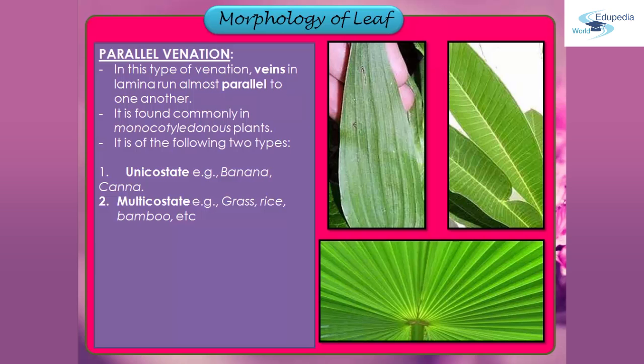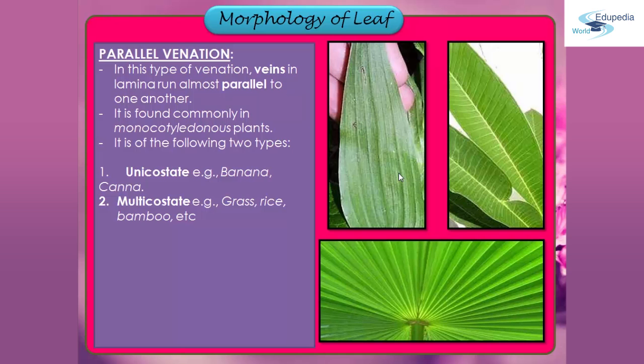Now comes parallel venation. In this type of venation, as I told you, the veins run parallel to each other within the lamina. As you can see, they are running almost parallel to one another. And it is commonly found in monocotyledonous plants.